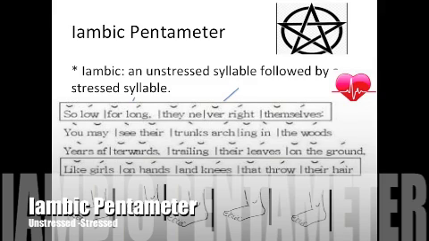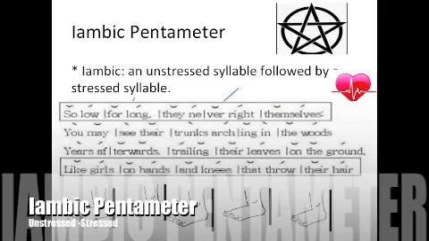Okay, so the emphasis is placed on the second syllable of each metrical foot. In this case, if you look at the very bottom, I have 5 distinct feet here, 1, 2, 3, 4, 5, to show all the different pairings of this iambic measurement.